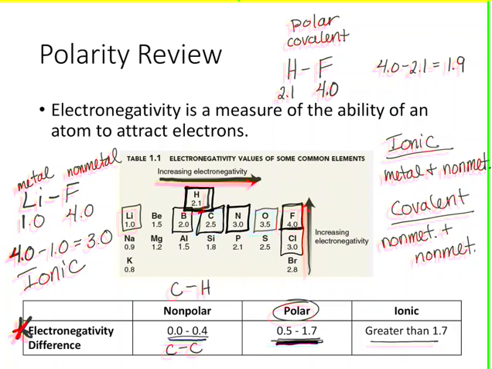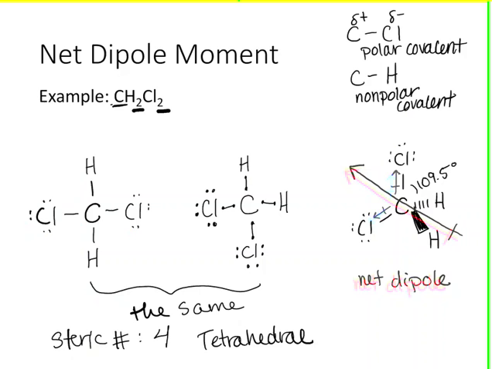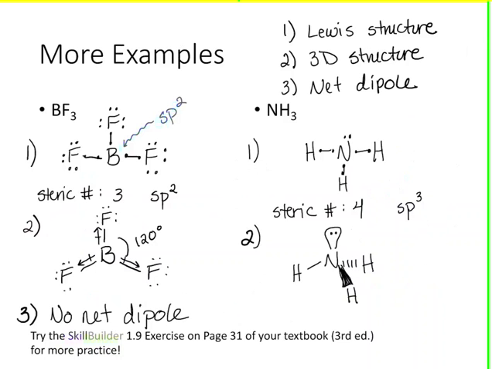So that falls in the polar category. Okay, now which atom was more electronegative, hydrogen or nitrogen? Nitrogen. So electrons are traveling away from hydrogen and more towards nitrogen.